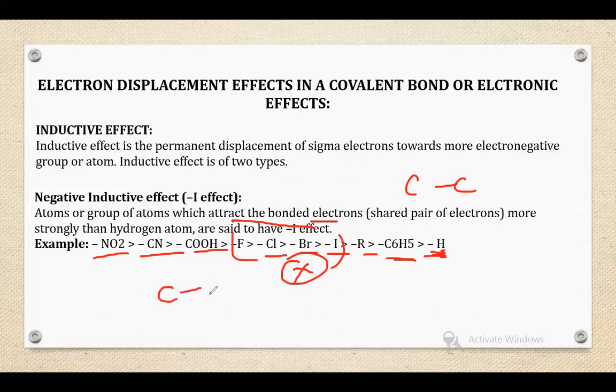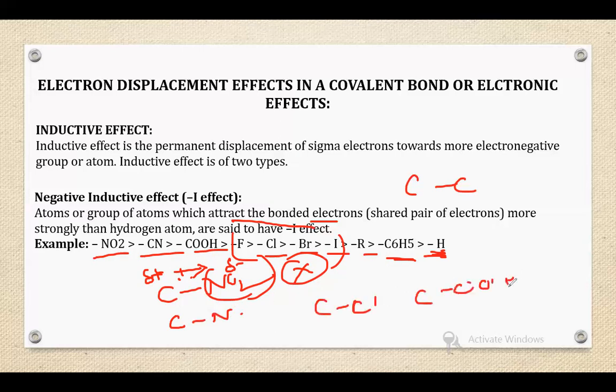For example, with carbon and the NO2 group, the nitro group is more electronegative than carbon, so obviously the shared pair of electrons shifts more towards the nitro group. Then NO2 forms a partial negative charge and carbon a partial positive charge. Hence polarity is generated between C and NO2, or C and CN, or C and COOH, or C and F, or C and Cl.